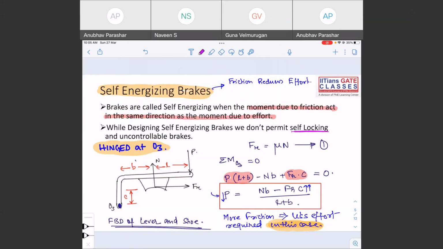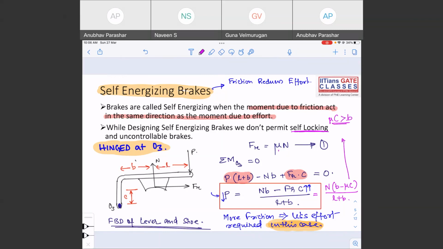Now friction force can be written as mu into N. So this formula can also be written with N taken common, so it becomes N times B minus mu C divided by L plus B. So if mu C becomes greater than B, what is going to happen?